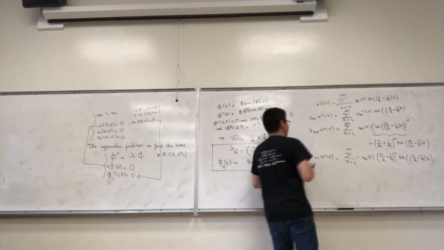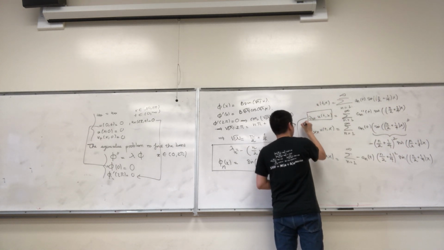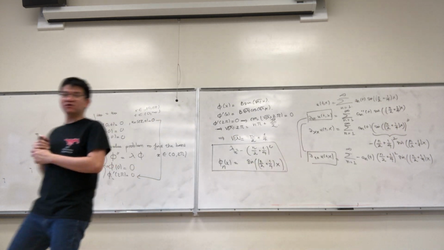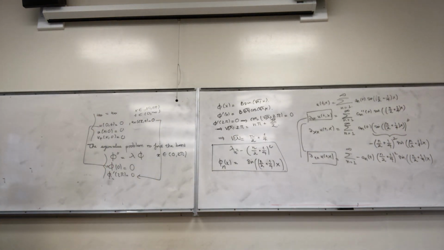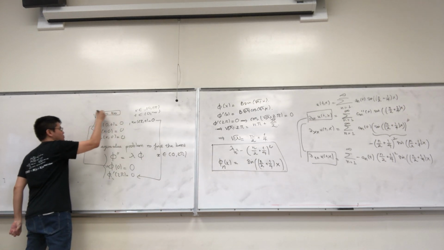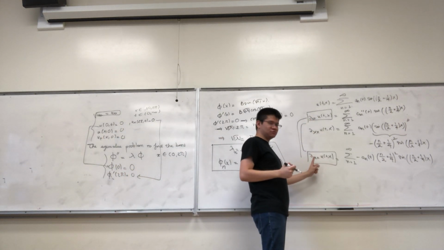Now, because u_t t is equal to u_xx, what can you say about the coefficient? From the equation, you know that u_tt is equal to u_xx, which means that this u_tt has to be equal to this.